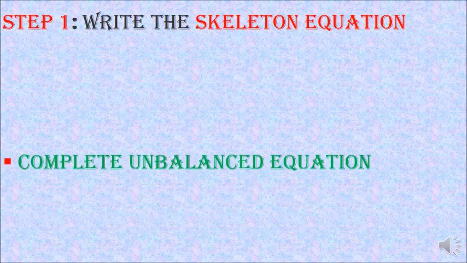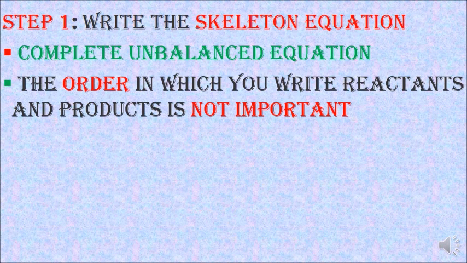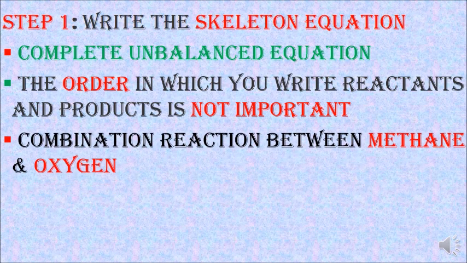Step 1. Write the skeleton equation. It means we need to first write the complete unbalanced equation with the correct formulae of the reactants and products. Remember, the order in which you write the reactants and products is not important. Here I would like to mention that we have already discussed how to write a skeleton equation in our previous video.